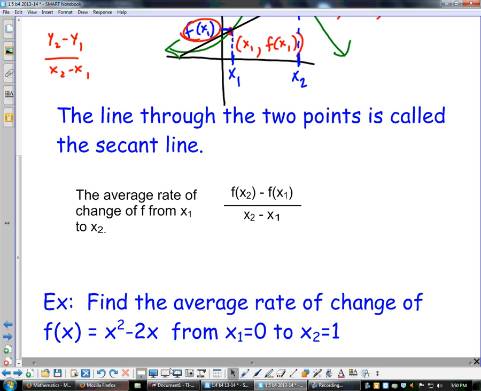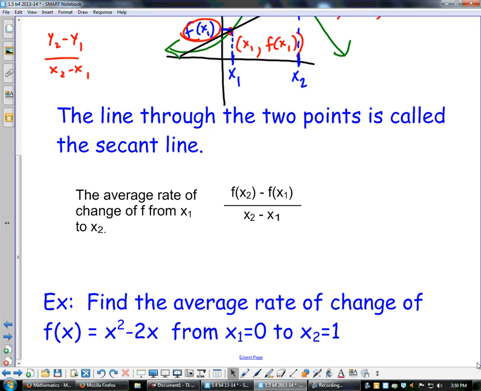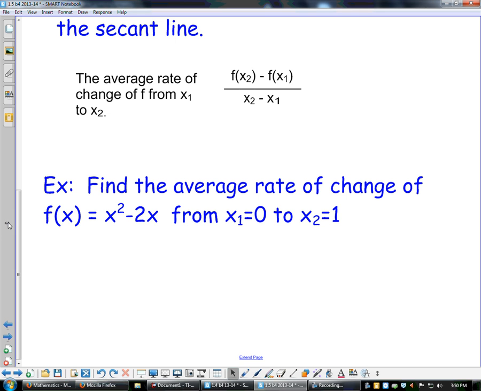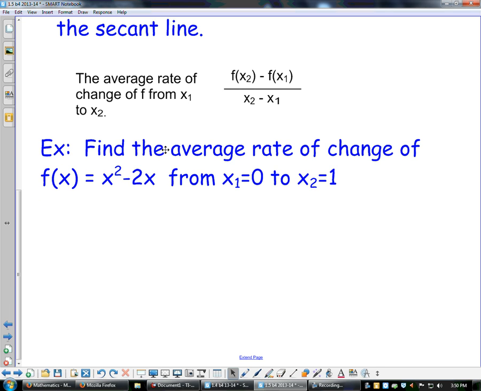All right, so let's take a look at this example. It says find the average rate of change of the function f of x equals x squared minus 2x from x1 equals 0 to x2 equals 1. So we can just use our formula right above here. We want f of x2 minus f of x1 over x2 minus x1.